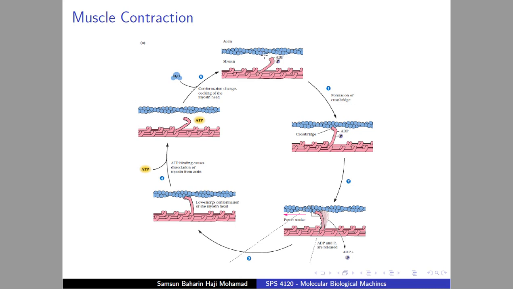So you can see that here the actin filament can move to the left side. This will repeat again and again so that this actin can move to the left side or right side.